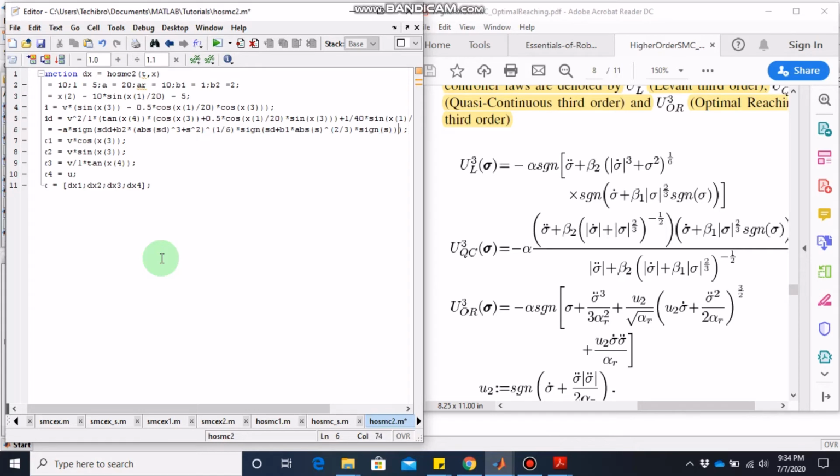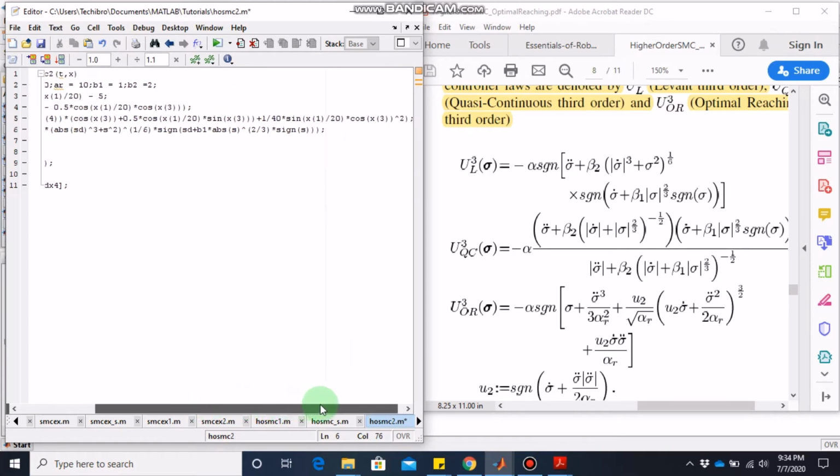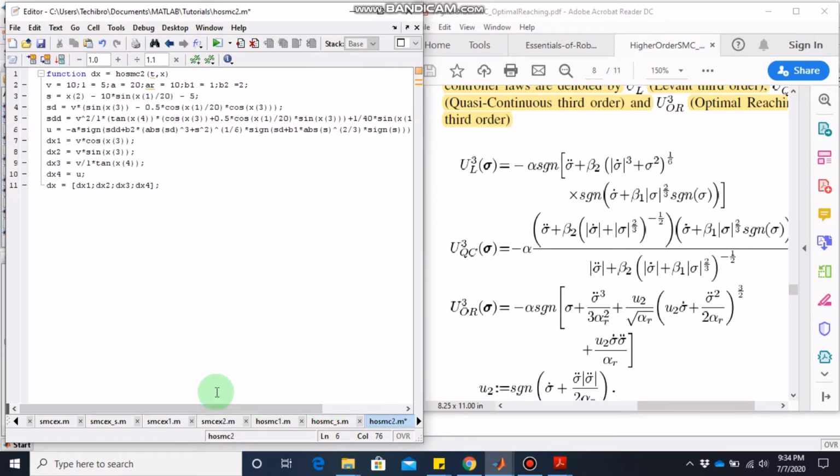That looks correct to me. Hopefully there are no mistakes. So what I have done is I have just changed the expression for the control input. Everything else is the same.